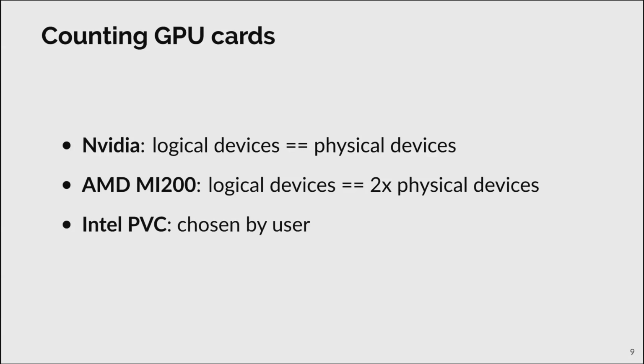Well, on Intel, it is chosen by the user, because they also have tiles, although I think they have started to call them packages instead of tiles. But the user can say whether they will target the whole GPU, so the 2 tiles, or whether they will target the separate tiles as separate GPUs.